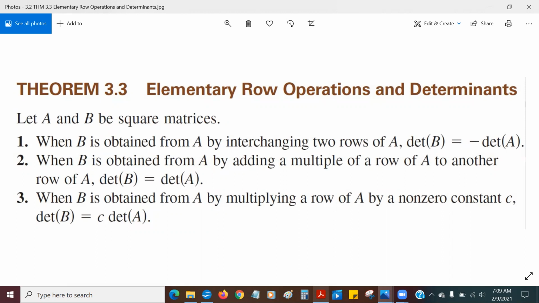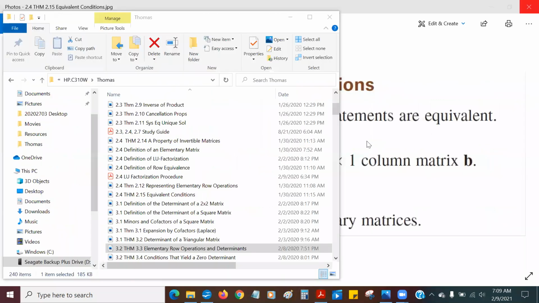If I add a multiple of a row to another row, it does nothing to the determinant. And if I multiply a row by a constant C, then the new determinant is going to be C times the original determinant. That's 3.3. We don't need that anymore. Now, back to here we go.